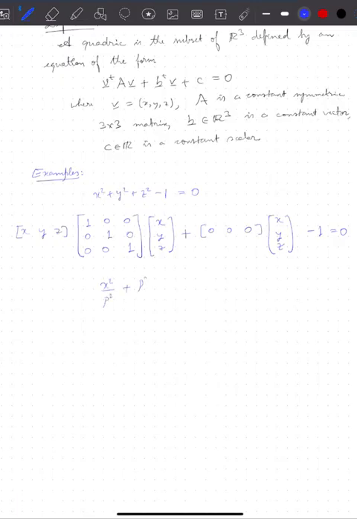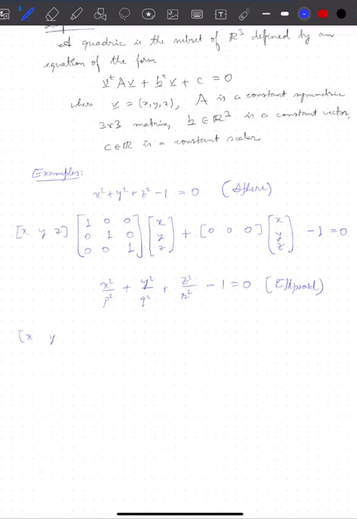This we can recast, and say even if we have something called an ellipsoid, then x squared by p squared plus y squared by q squared plus z squared by r squared is equal to 1. You can write this as minus 1 equal to 0. So this is the sphere, and this is the ellipsoid.